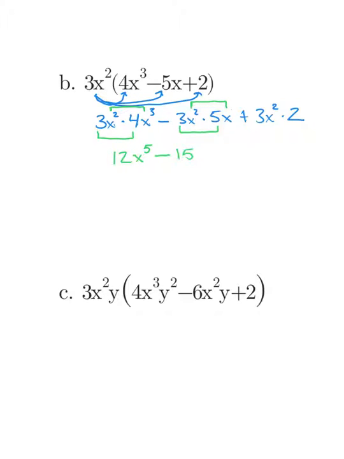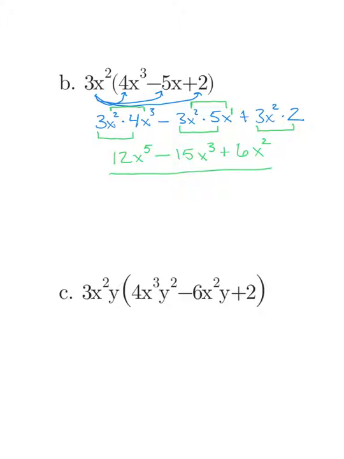Add the exponents, we get x cubed. And for the last term, we multiply the numbers, 3 times 2, and we just have x squared. And so we are done with that problem.